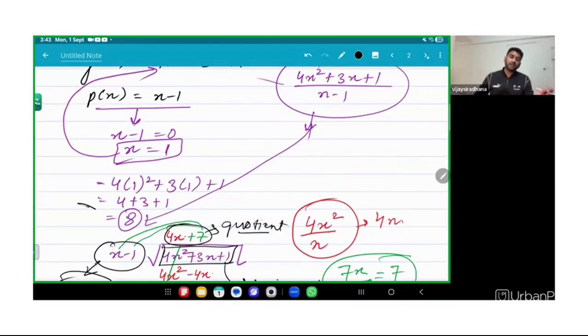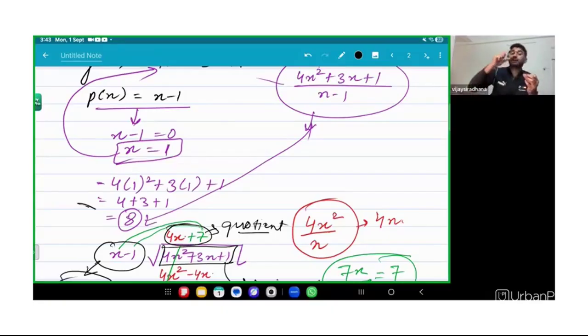So this is what the remainder theorem will be, where you need to put the value of x in the polynomial, and then whatever the outcome you are getting, if you are getting a non-zero value, that is known as the remainder theorem. And if the value you are getting is 0, then it will be known as the factor theorem, because factor is what?